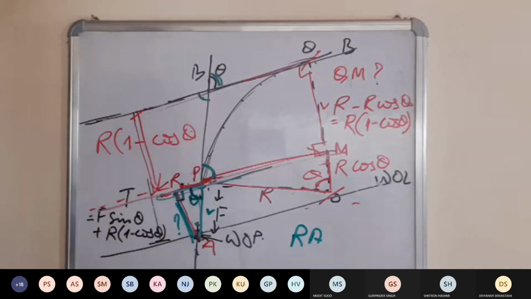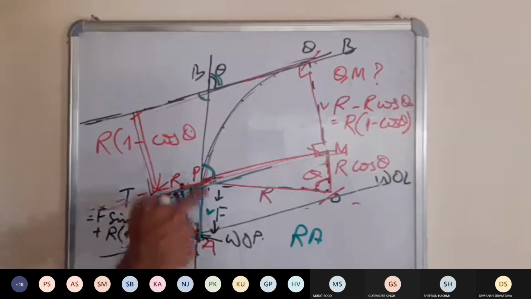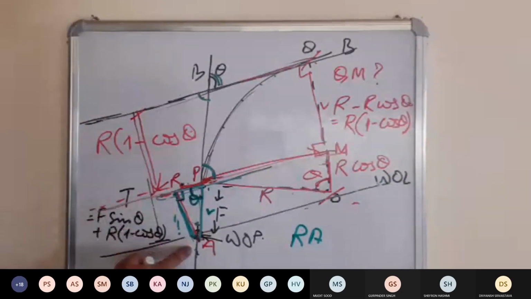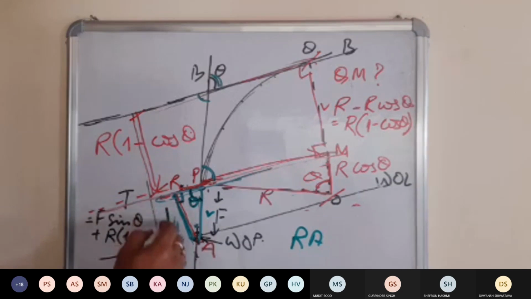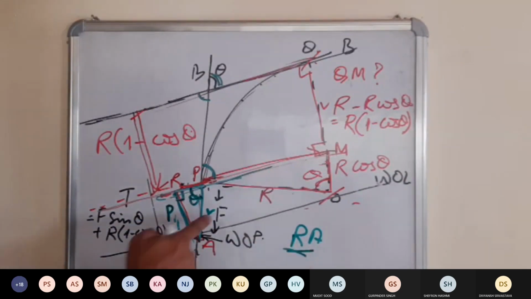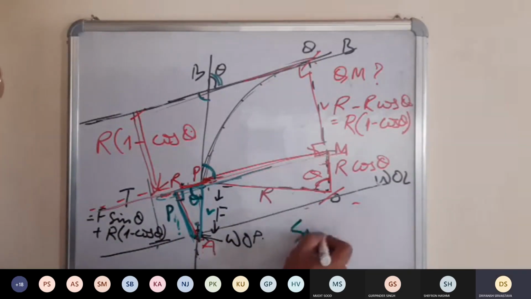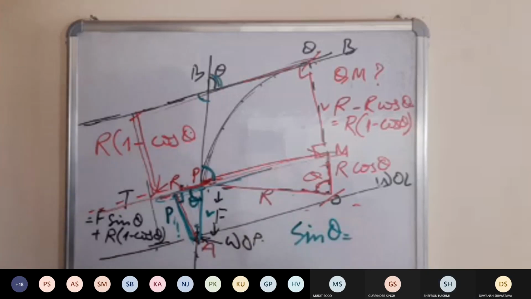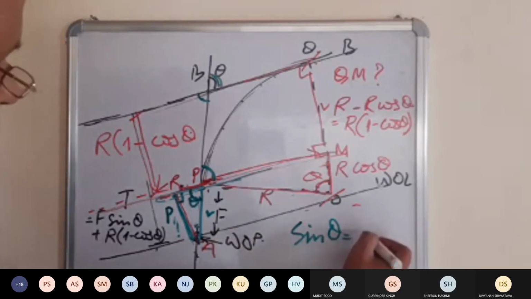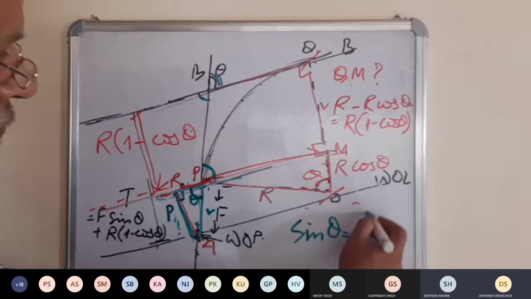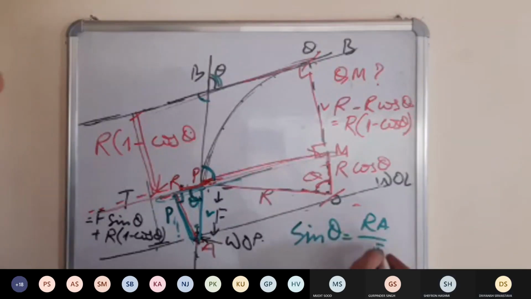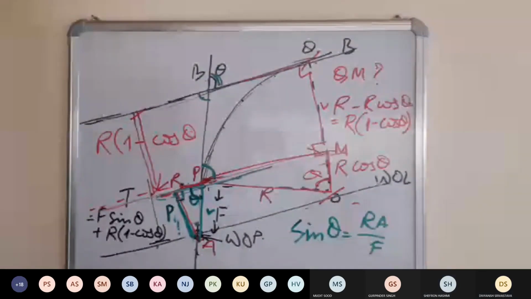So this is theta. So in this triangle, we have got hypotenuse as f, and we want to find out the perpendicular, which is RA. So hypotenuse और perpendicular के बीच में कौन सा फंक्शन आ रहा है? Sir, sine. Sin theta is equal to perpendicular upon hypotenuse, RA by F. Correct?